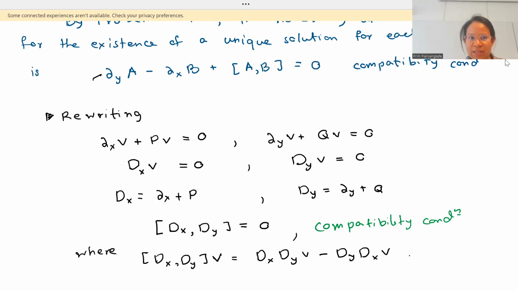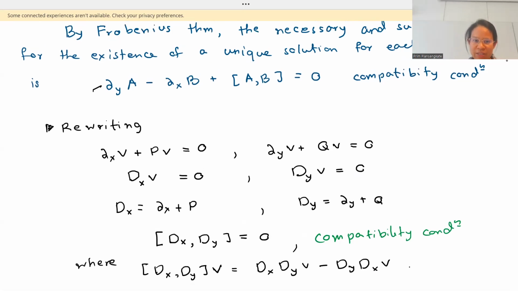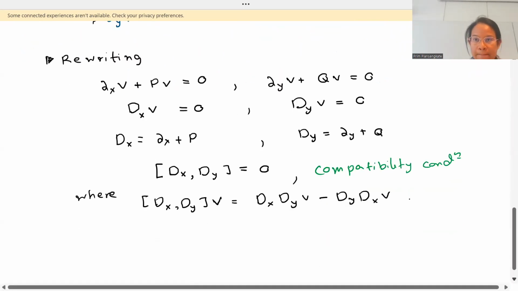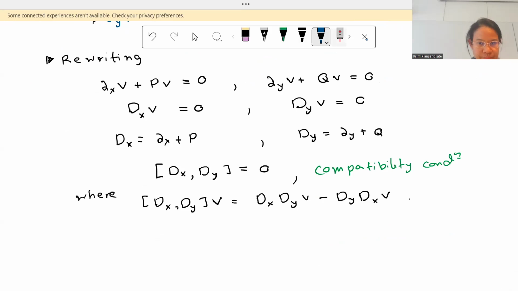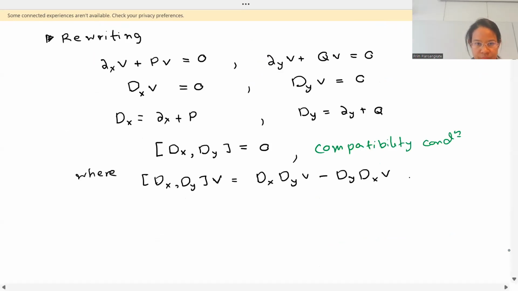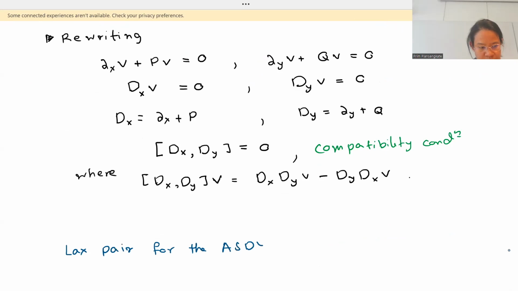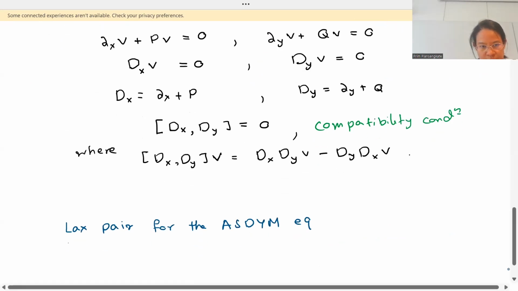So with this, I will try to give the Lax pair for the anti-self-dual Yang-Mills equation.